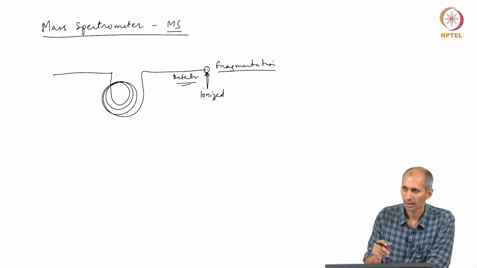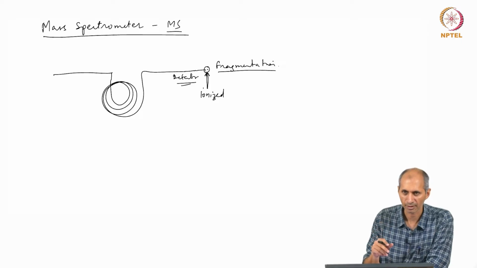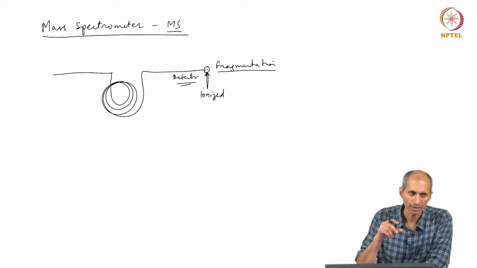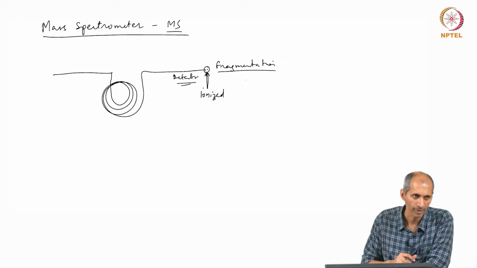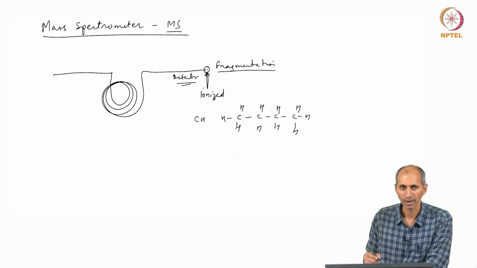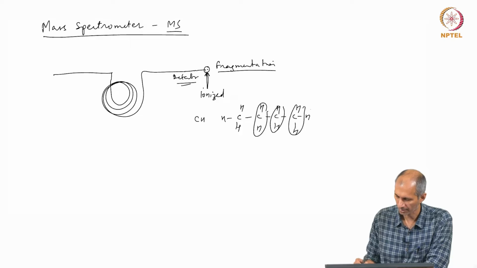that is coming, and when it fragments, the instrument has the capacity to measure the intensity of each fragment. Okay. So, for example, if you have a compound that looks like this, CH3CH2CH2, it will fragment in terms of CH2, CH2, CH2, CH3 and so on.